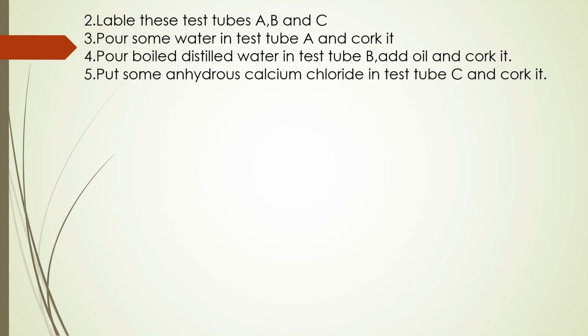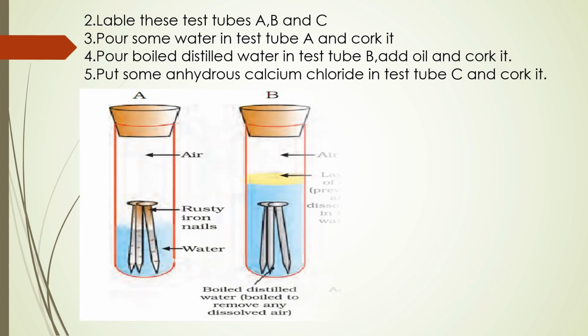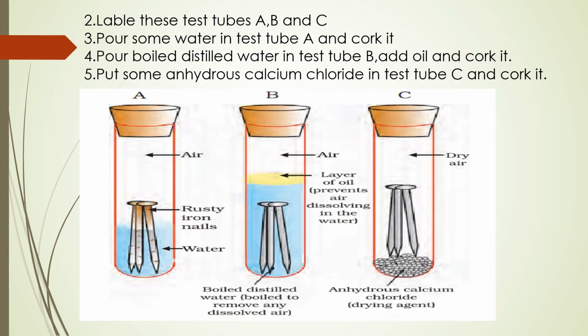Now you can see A, B, C, 3 test tubes. In the first test tube we have water. In the second test tube distilled water and some oil is added on the water. In the third test tube only anhydrous calcium chloride is added.